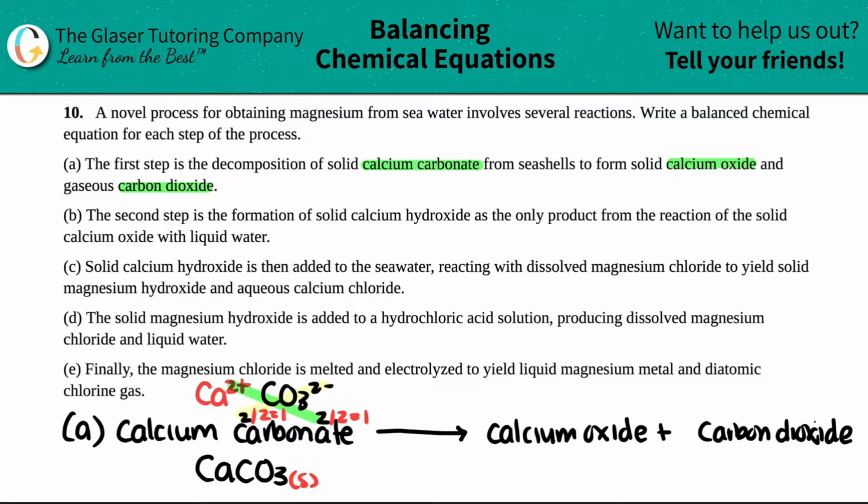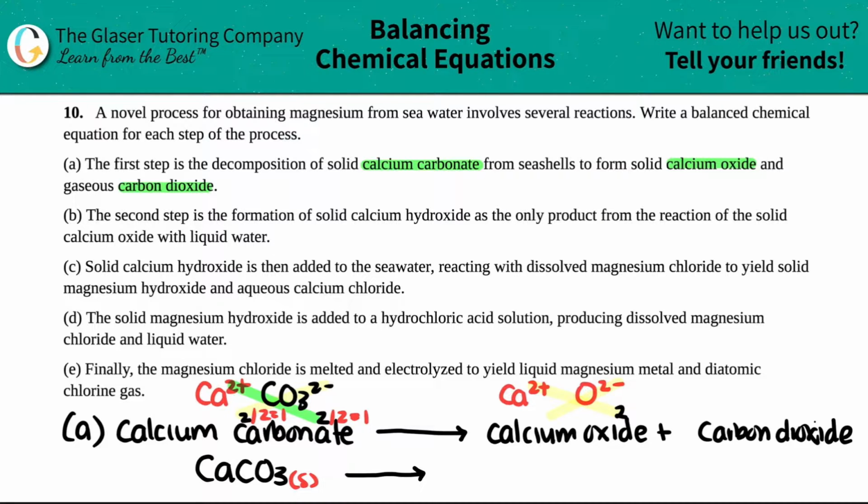And this would yield calcium oxide. Calcium is in group 2, just like we said before, so it's a +2. Oxygen is an O, right? It's in group 16 or 6A. It's a -2. And you do the same idea. The 2 comes down here telling me that I need 2 oxygens.